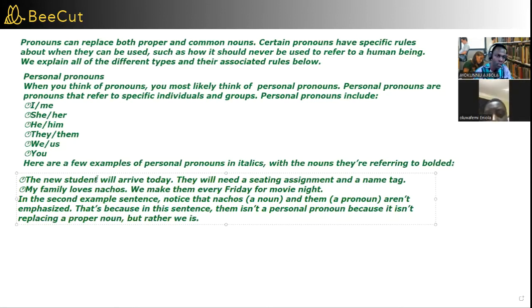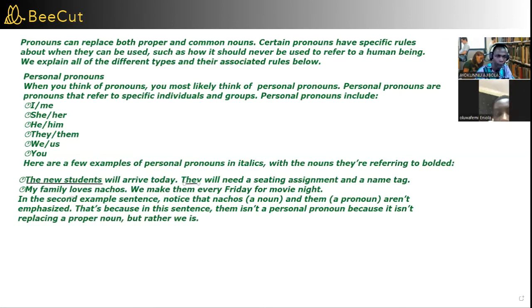If I underline this, the noun here is the new student, and the pronoun that is replacing it is they.